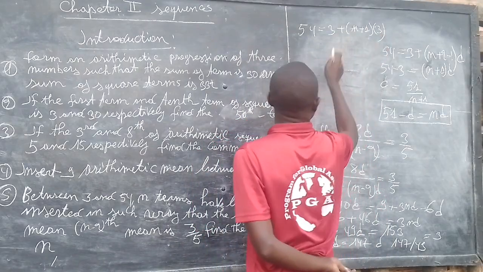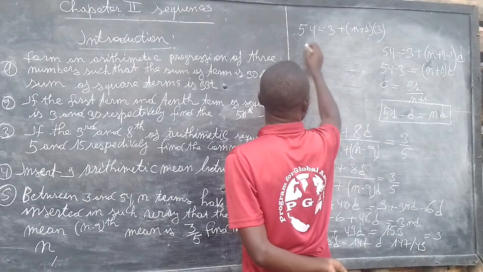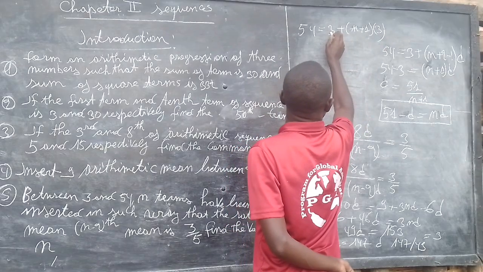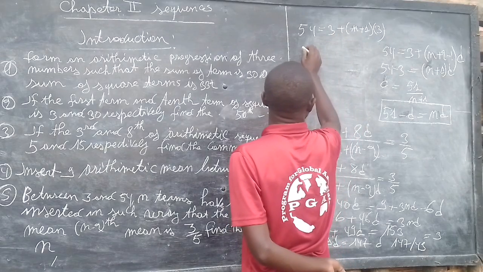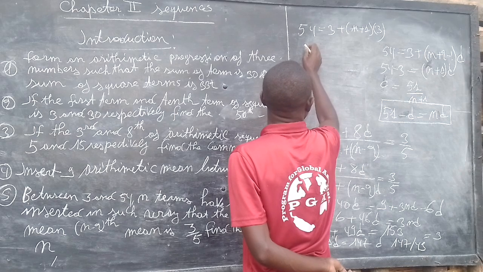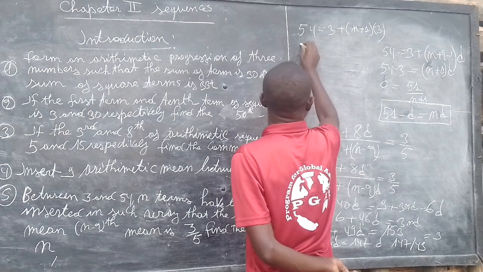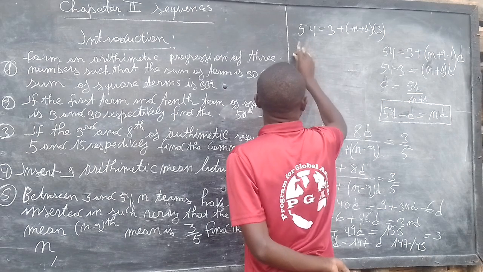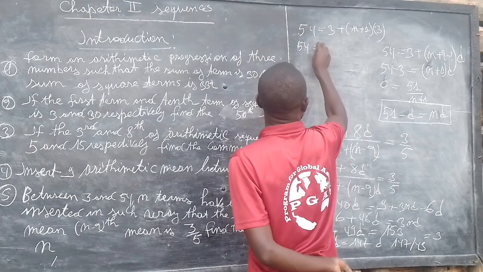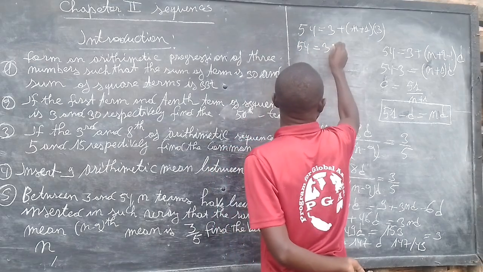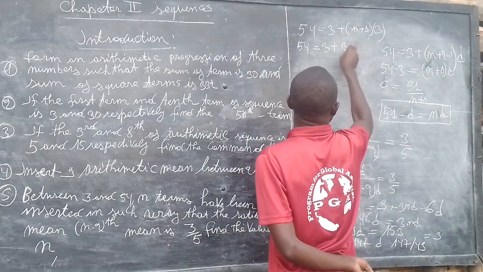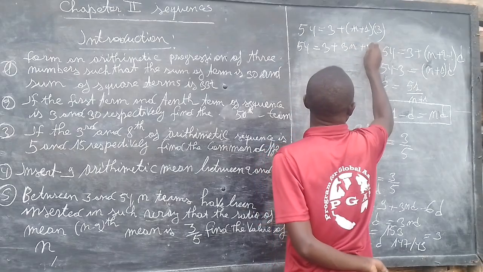We have 44, which is equal to 3 plus 3n plus 3.